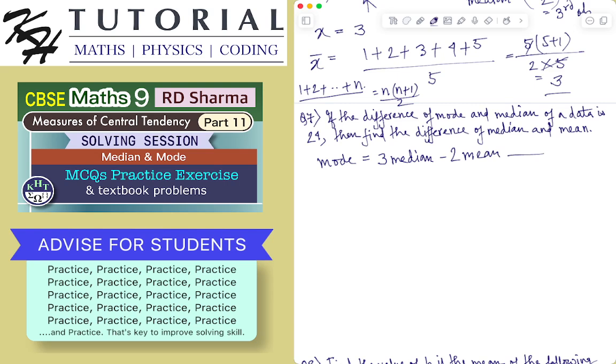Now in the problem it is given the difference of mode and median. It is given mode minus median is equal to 24. Then we have to find the difference between median and mean.